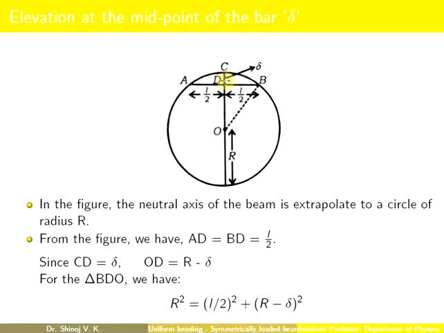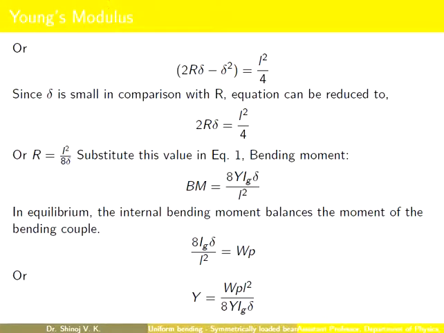Since CD is equal to delta, and R is the radius of curvature, OC will be R. So that means OD will be R minus delta. And from the triangle BDO, we can write R squared, that is BO squared, equal to BD squared plus OD squared. So R squared is equal to (L by 2) squared plus (R minus delta) squared.